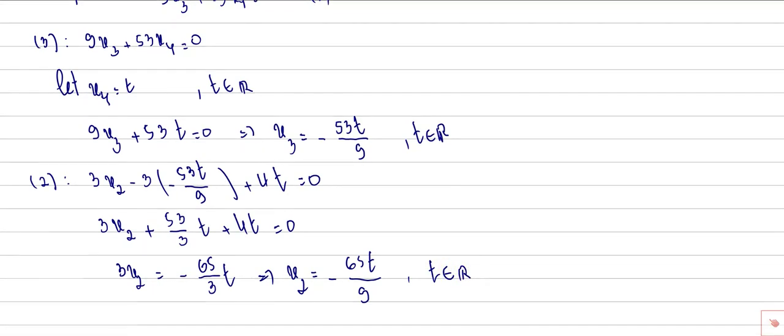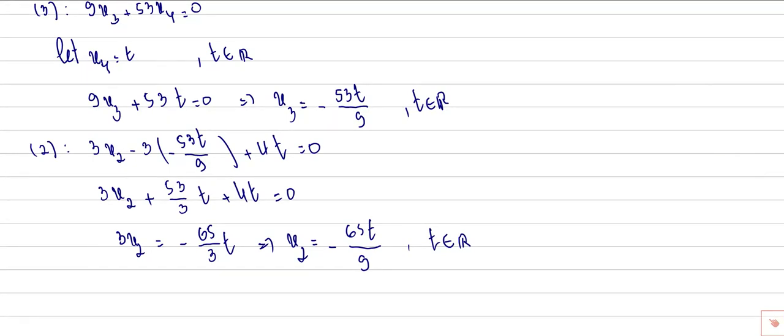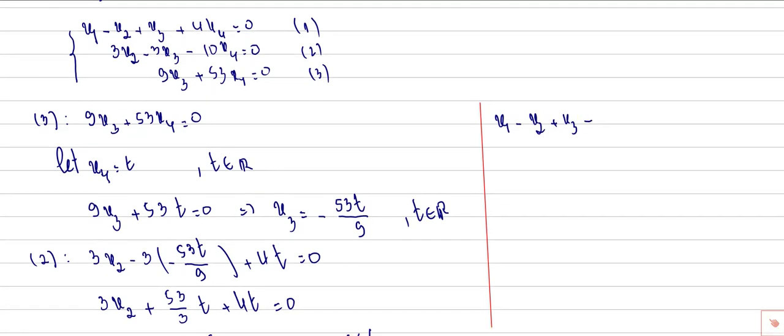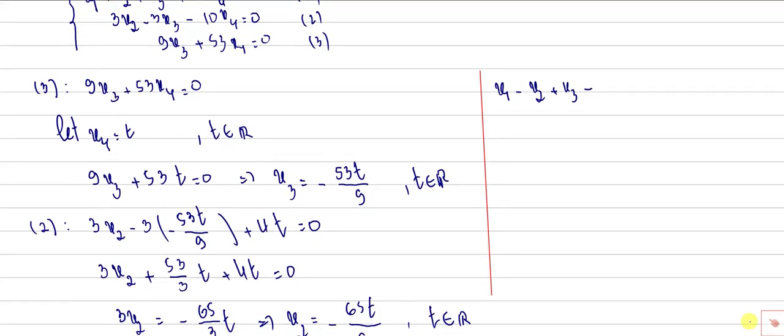And next we should find equation 1. Equation 1 is x1 minus x2 plus x3 plus 4x4, oh, this one is not 4, I'm sorry, this one is minus 10. It's minus 10.